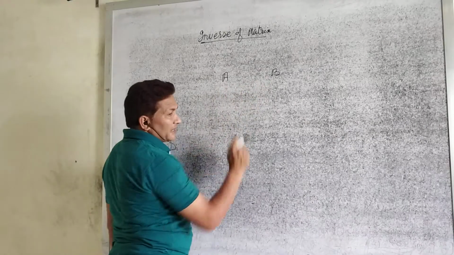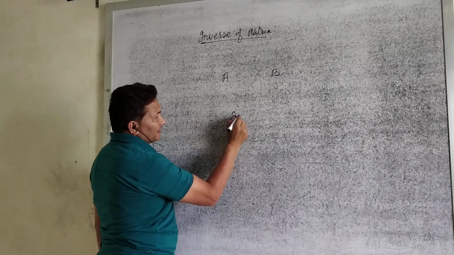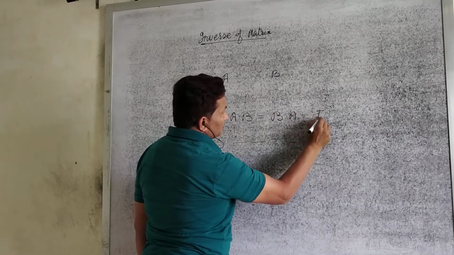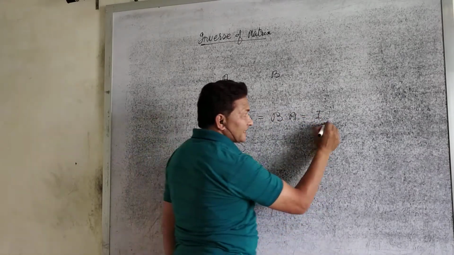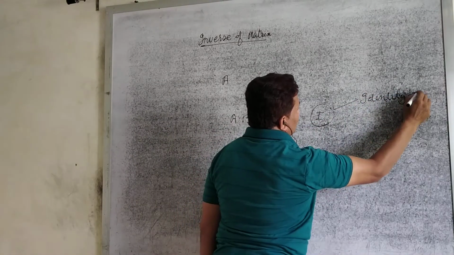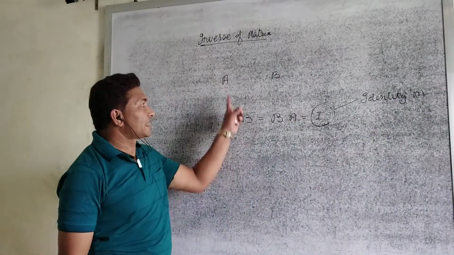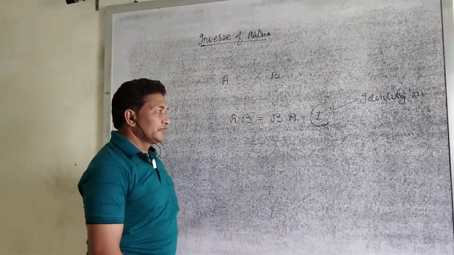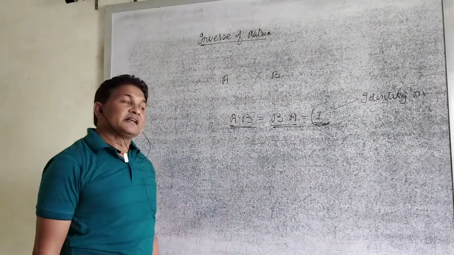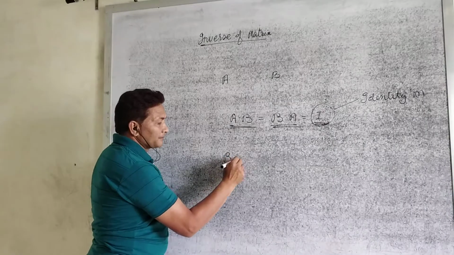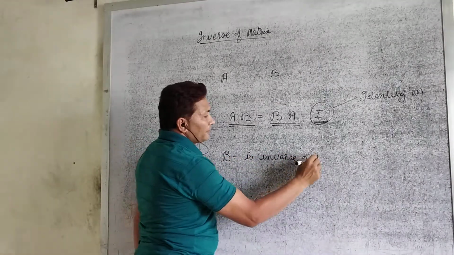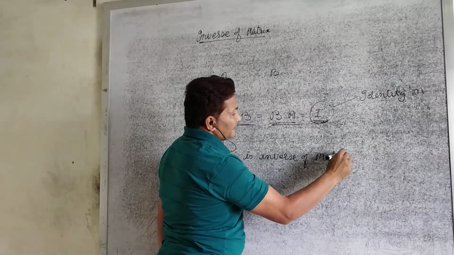If these are two matrices such that A into B or B into A is equal to I, where I is the identity matrix of the same order as A and B, if this multiplication gives you the identity matrix, then we can say that B is the inverse of matrix A.